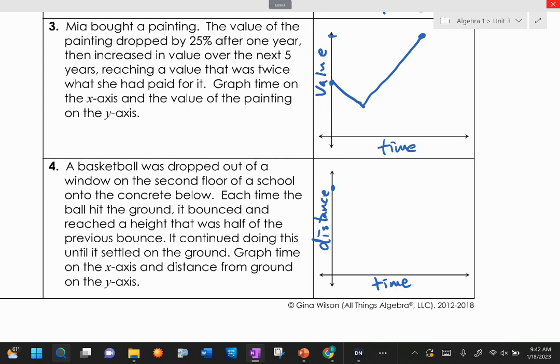So where do we go? Yeah, so we're going to go down. Now, where do we need to go down to? All the way to the bottom. Because if you dropped it from here and you went right here, you'd have to Wingardium Leviosa that ball, and you can't do that. So it's got to go all the way down to the ground.